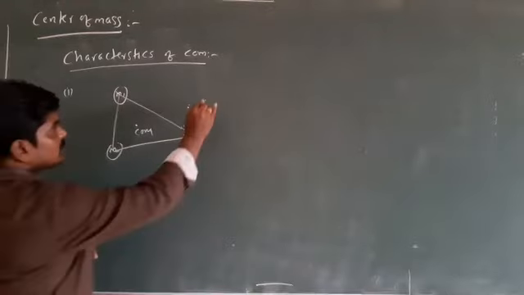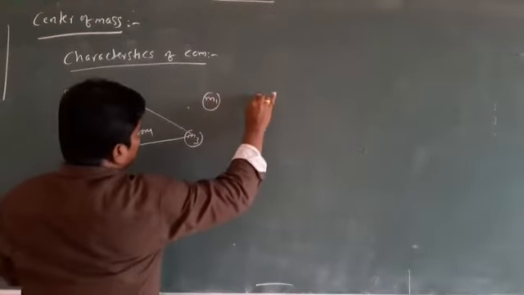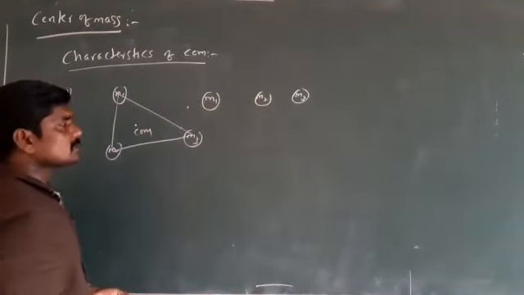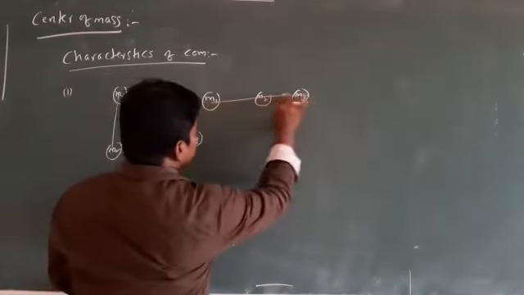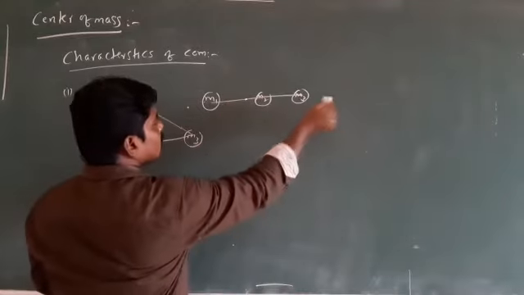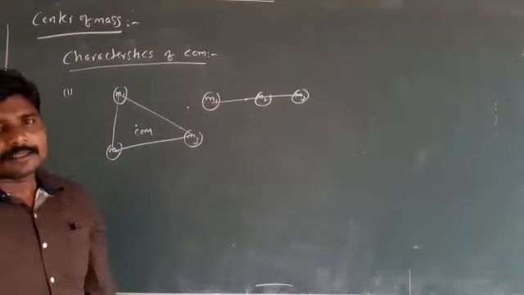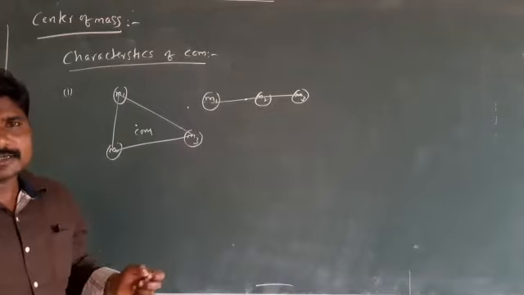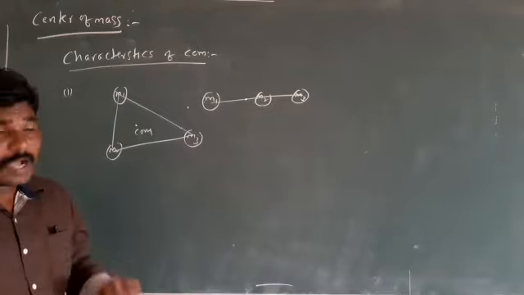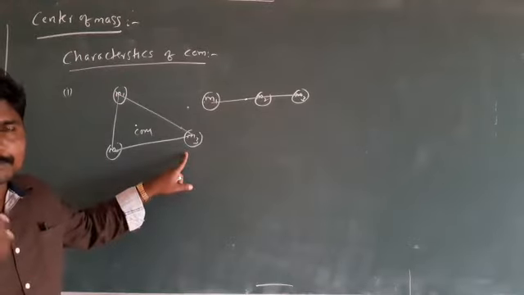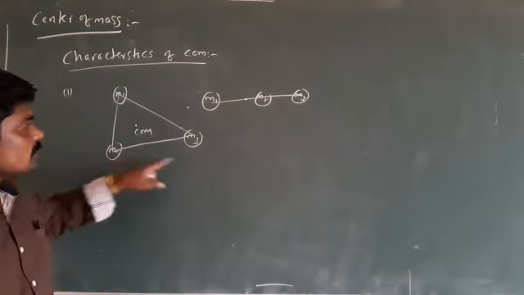If these three particles m1, m2, m3 are along the same line, the center of mass may be on the line joining the masses. The position of the center of mass depends upon the masses of the particles and also the orientation of the positions of the particles.